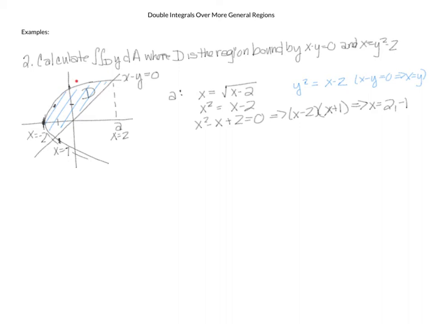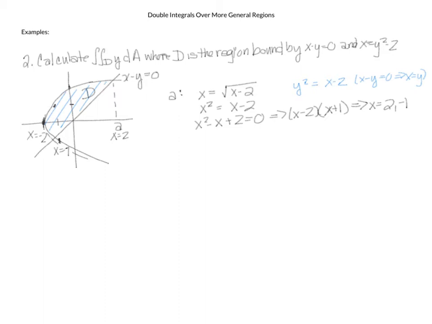But eventually I did need to know where the line intersects the quadratic equation. So what I did is I plugged in x equals y into this equation, where y squared is equal to x minus 2.